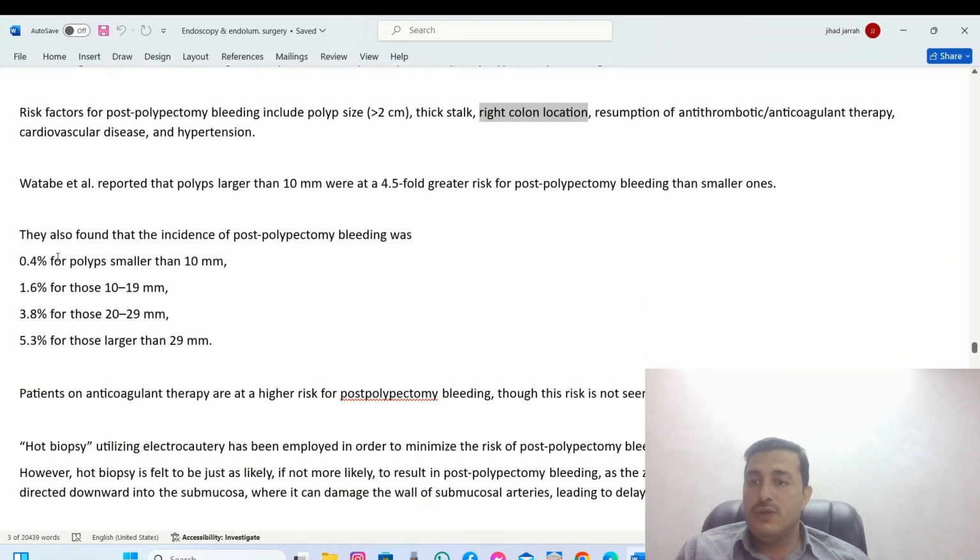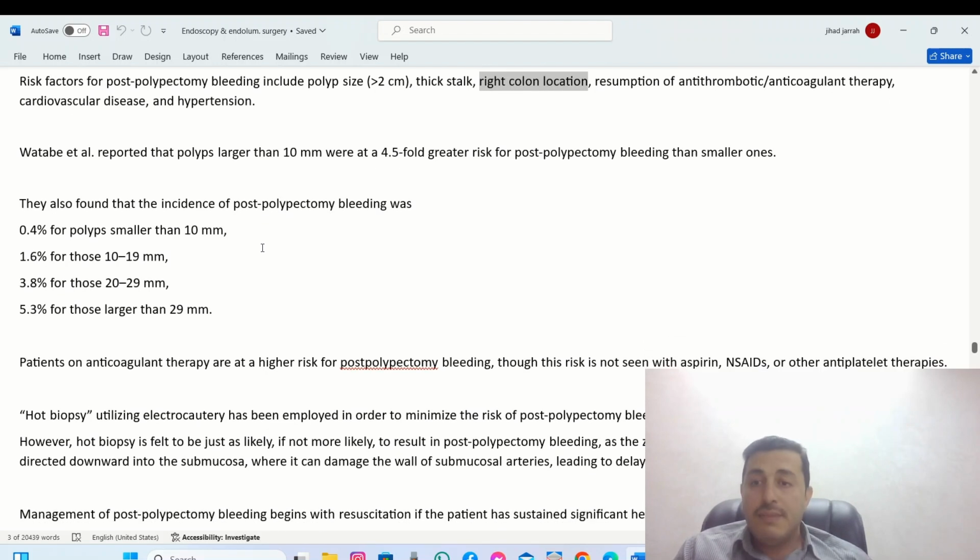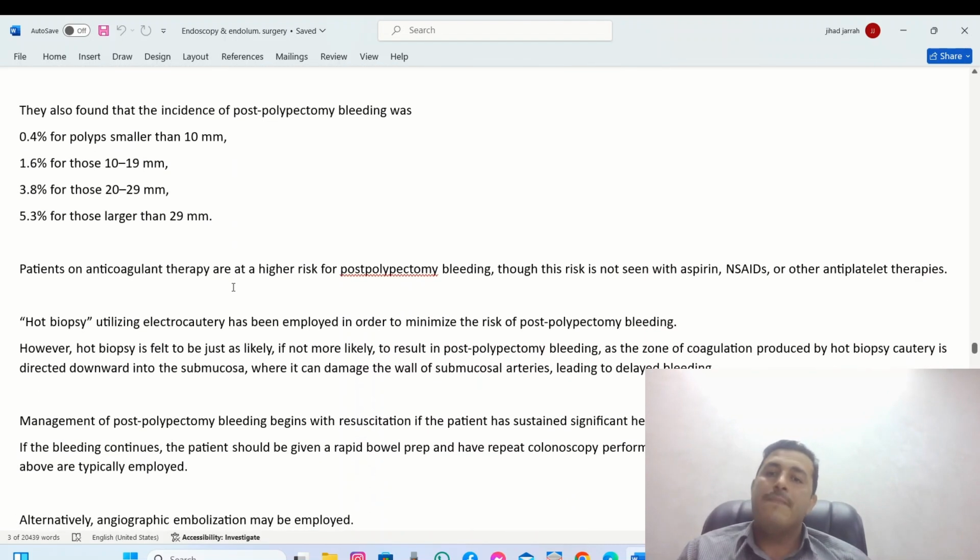As you see, this is the size and the percentage of bleeding. You can see up to 0.4% for polyps that are less than 10 millimeters or 1 centimeter, and up to 6% for those near 3 centimeters.